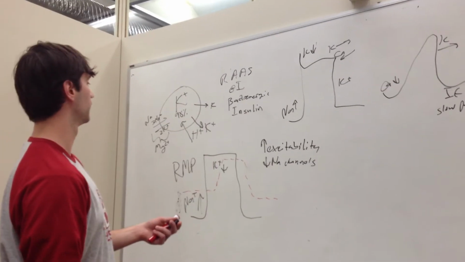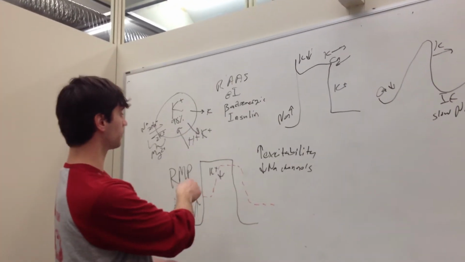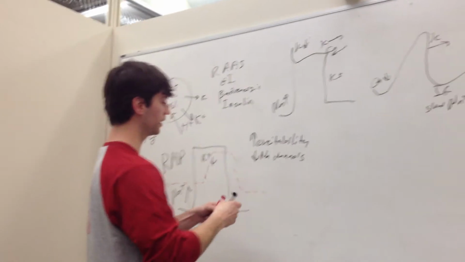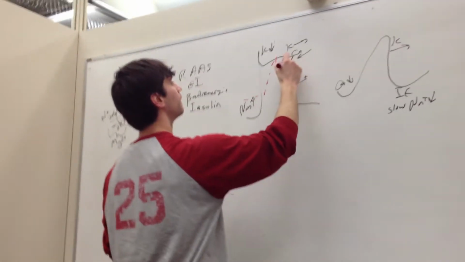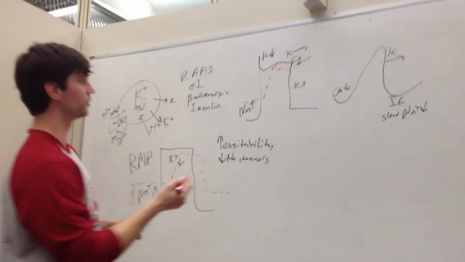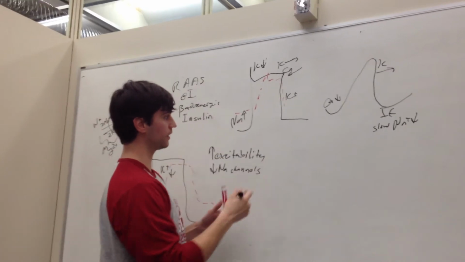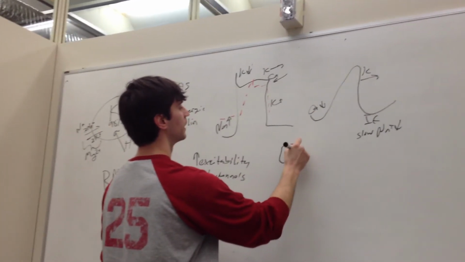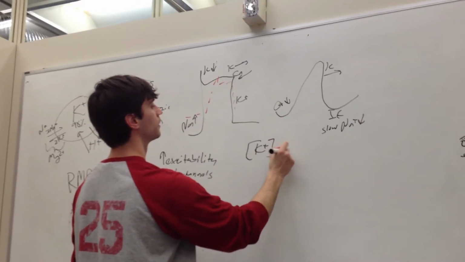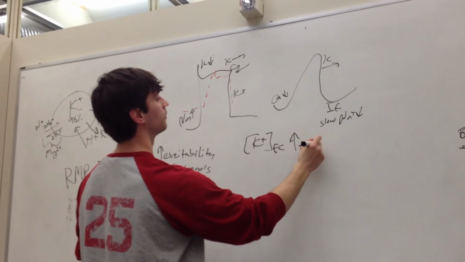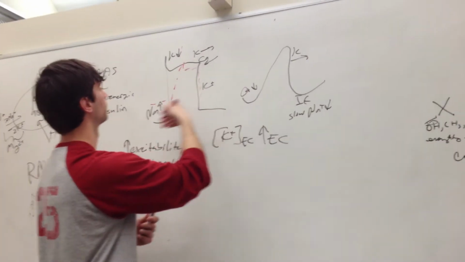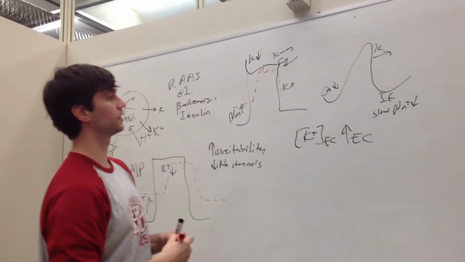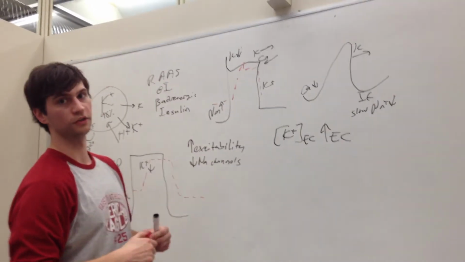So when you have hyperkalemia, just like in other cells, you're increasing your resting membrane potential and decreasing amplitude. As far as cardiac myocytes, when you have increased extracellular potassium, it increases the conductance of your potassium channels. So you're going to have more potassium competing with either sodium or calcium, and what that does is prolong repolarization.